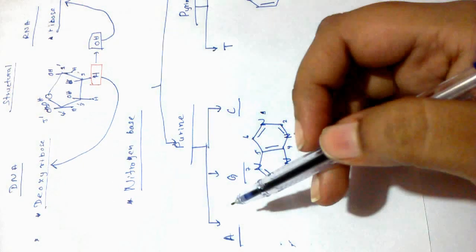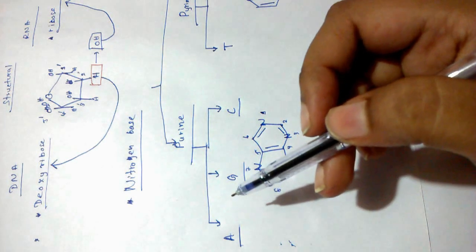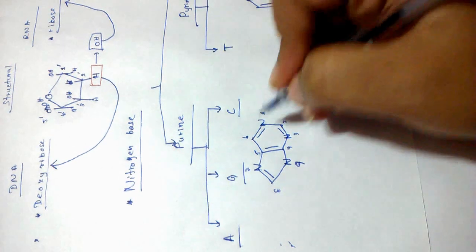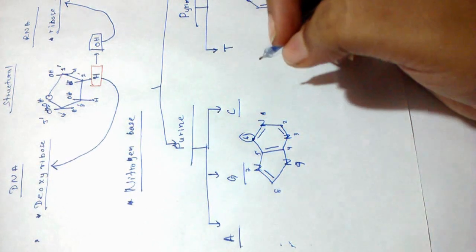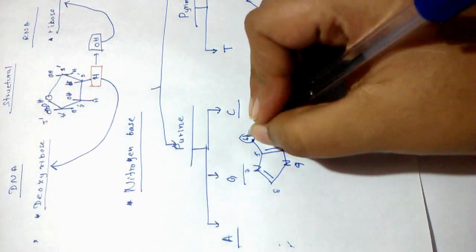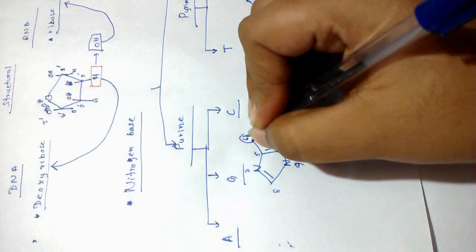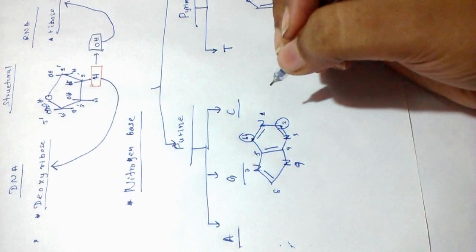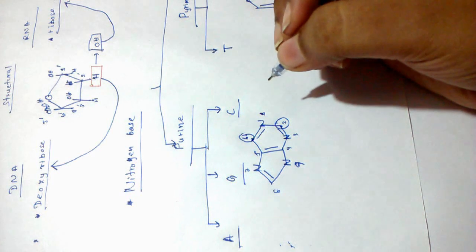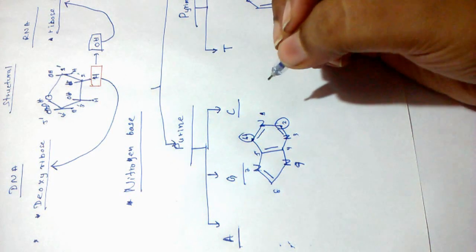So, for adenine, an NH2 group is present on the 6th carbon. Guanine contains a double bond O group on the 6th carbon and an NH2 group on the 2nd carbon. Cytosine is the position change of guanine.